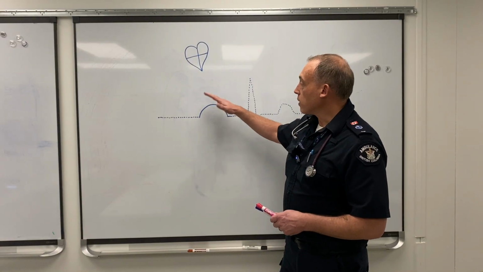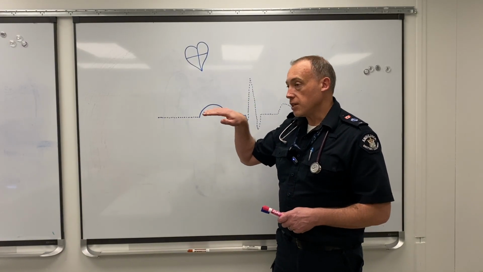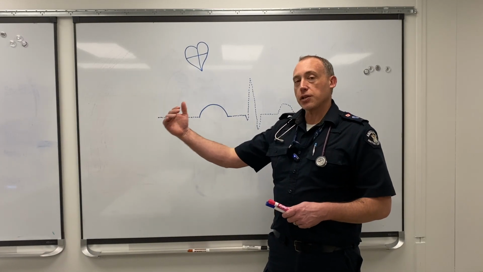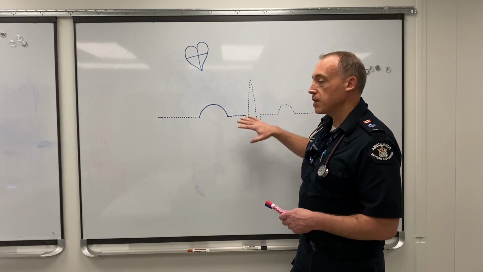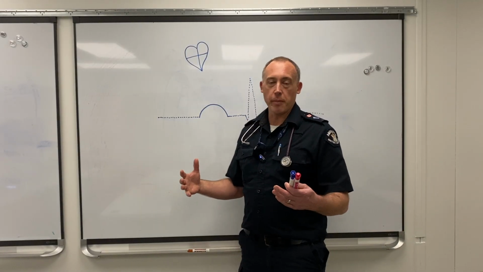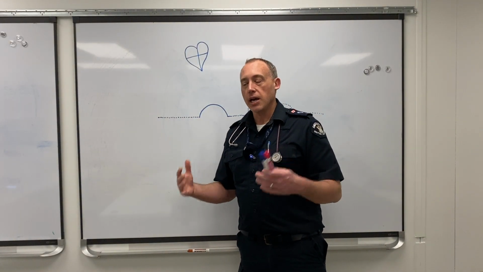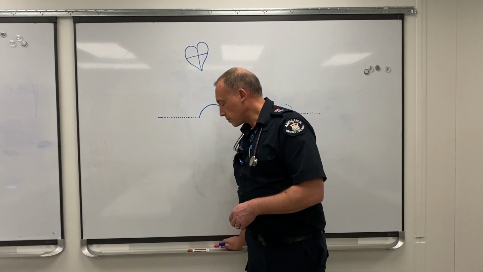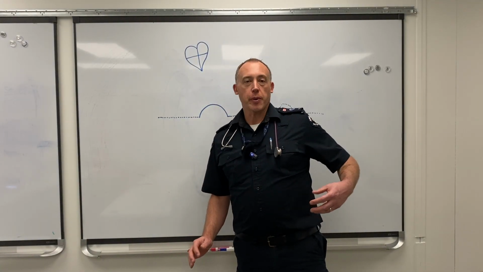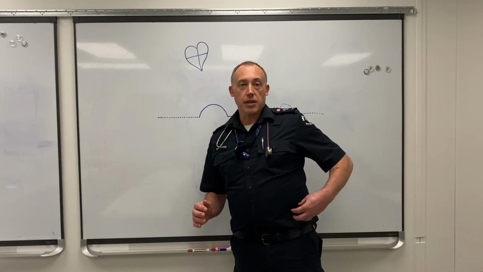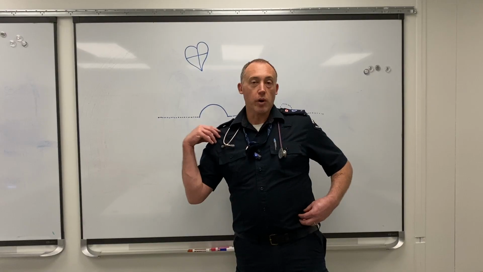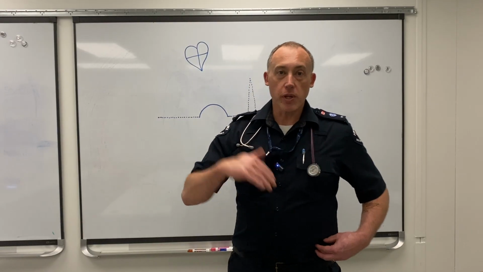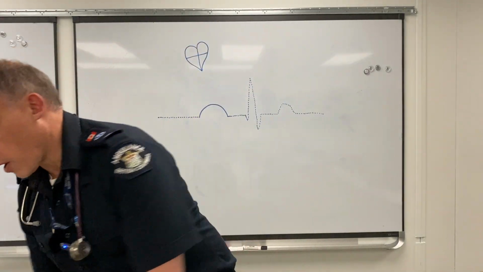Remember, when we look at an ECG lead, we're looking to see the electrical activity coming towards us in that one view. When we talk about the PQRST, probably the easiest way to talk about it is looking at lead 2. So don't forget, lead 2 is when we consider the left leg electrode down here to be positive and the one on the right arm to be negative, so that we're looking right through the bulk of the heart.